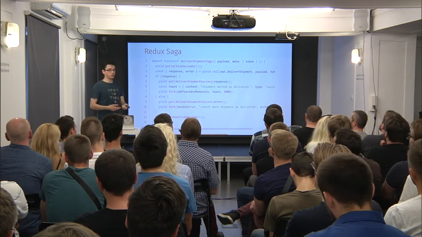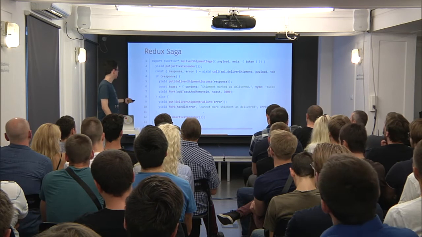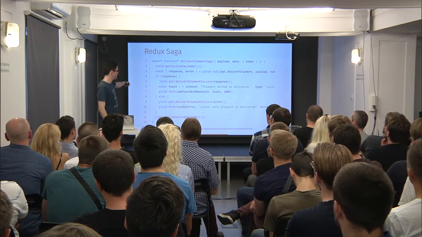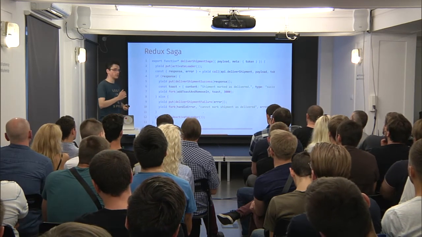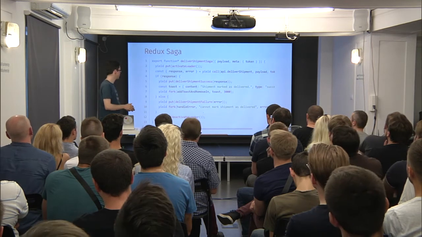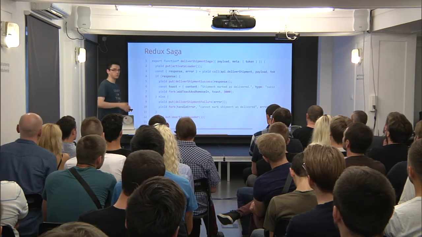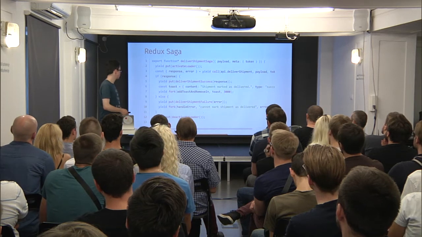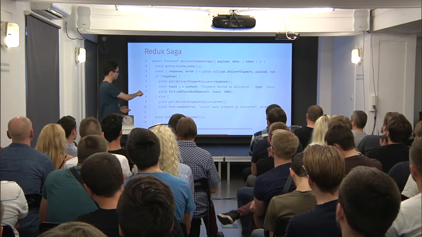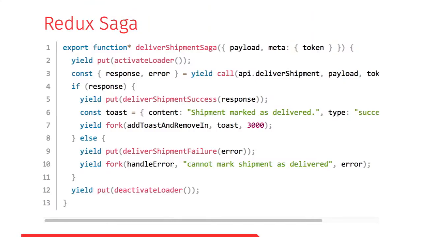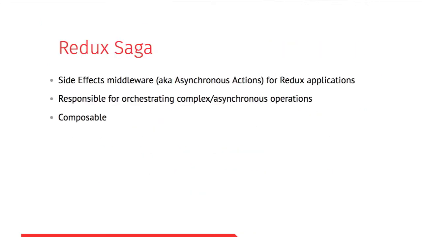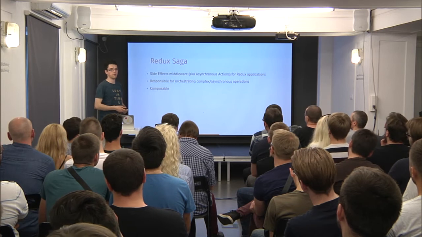It depends on whether delivering the shipment succeeds or not. If it succeeds, I will just put the success action and show you a toast. And I'm forking another Saga, because this is another Saga, which is responsible for showing you the toast and then removing it after 3 seconds.